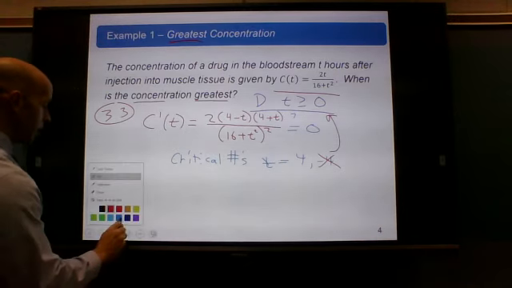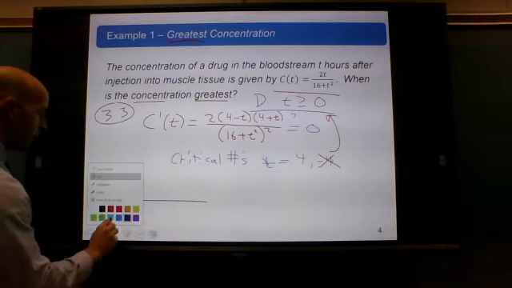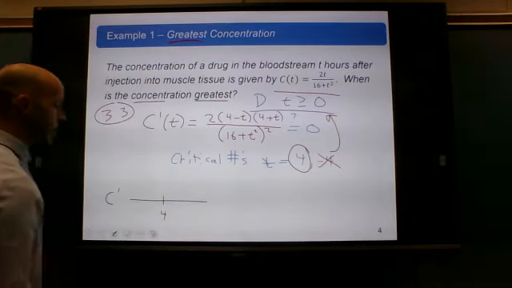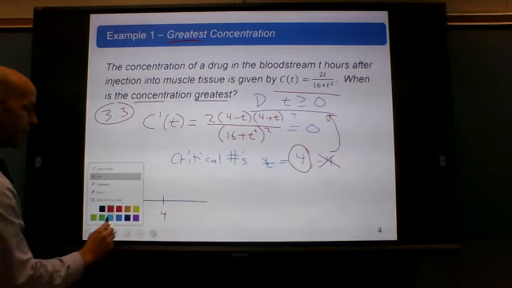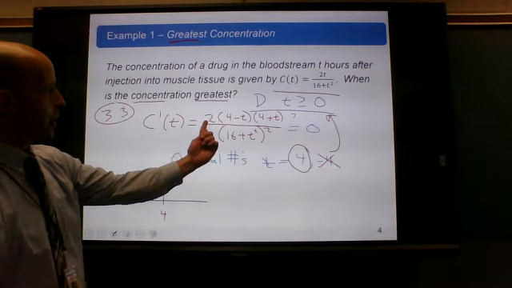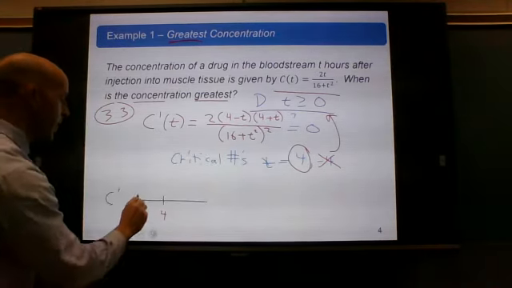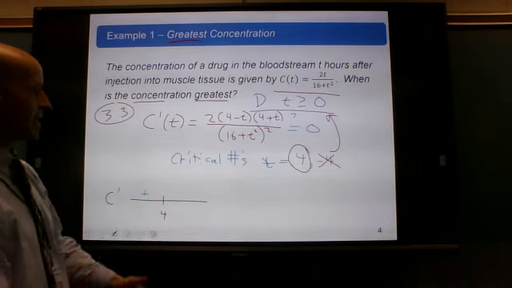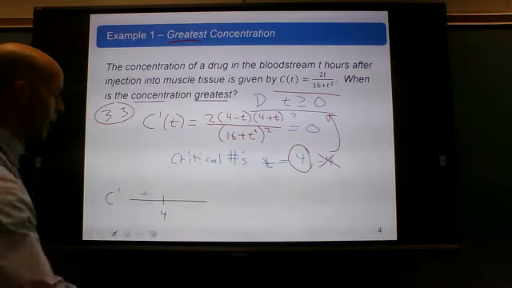So now I'm going to do my graph here. This is C prime. And the only critical number we have on that graph turns out to be 4. This number here, that's t. If I pick a number less than 4 but bigger than 0, let's say 2, then 4 minus 2 is positive, and everything's positive, so this is positive. If I pick a number bigger than 4, like let's say 6, positive, negative, positive, so that will be negative.